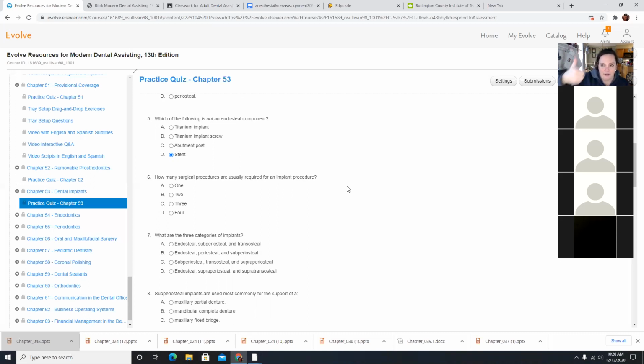So we have the extraction. Well, it depends if the patient needs an extraction or doesn't, right? So for an implant procedure with a patient that already has bone and they're good to go, it's going to be how many? 2, right? It's going to be the implant placement and then the uncovering.